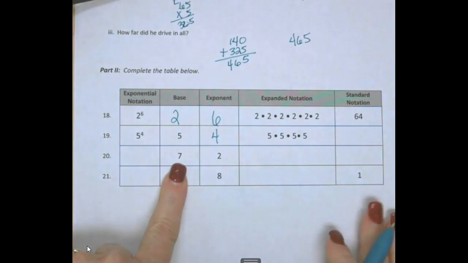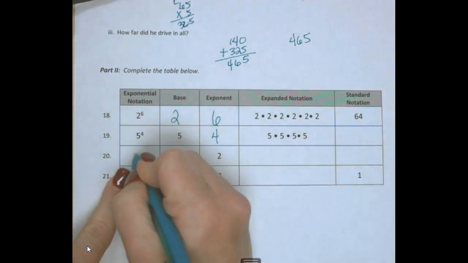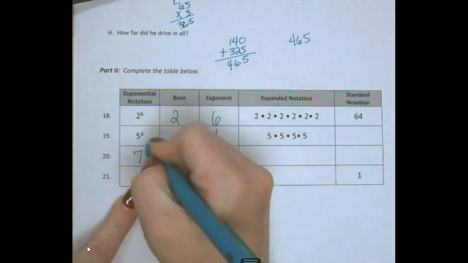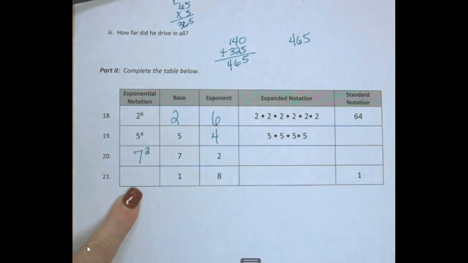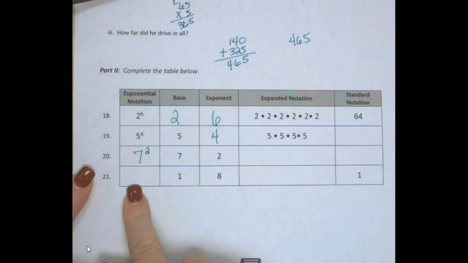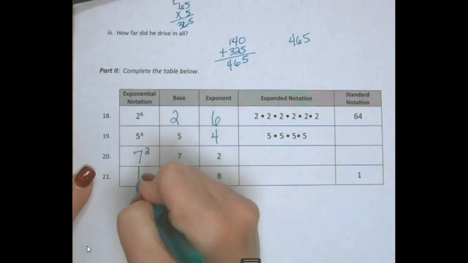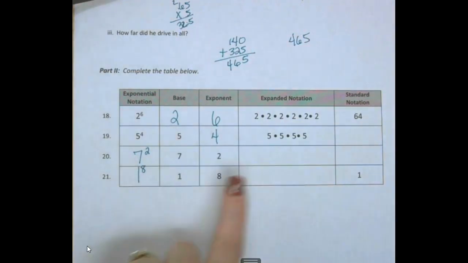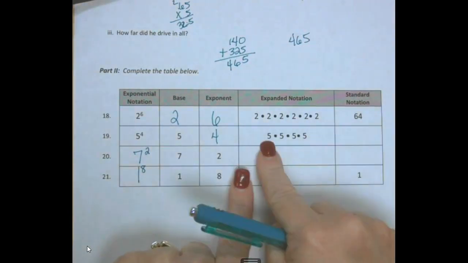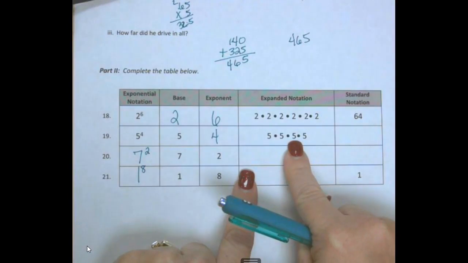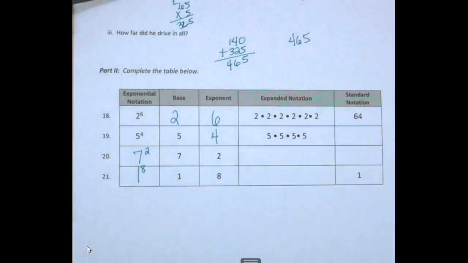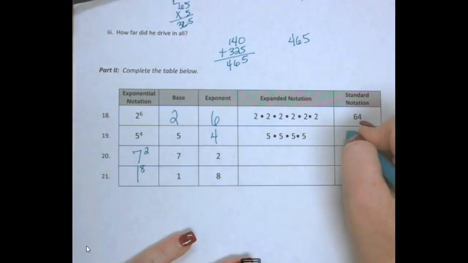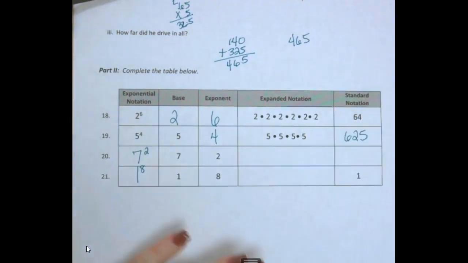If my base here is 7 and my exponent is 2, I'm going to write 7 to the power of 2. Here, if my base is 1 to the power of 8. This is 5 times 5 times 5 times 5. 5 times 5 times 5 times 5 is 625.